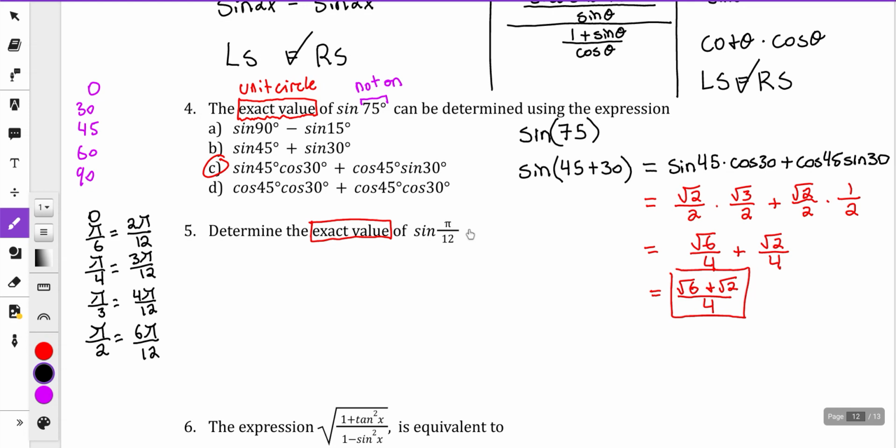So I could rewrite pi over 12 as 4 pi over 12 subtract 3 pi over 12. If I had 4 minus 3, that would leave me with 1 over 12. I also could do 3 minus 2. So there's actually two answers here, right? I could do 3 pi over 12 minus 2 pi over 12. That would also leave me with 1 pi over 12. Either one works. Let's do 4 pi over 12 minus 3 pi over 12.